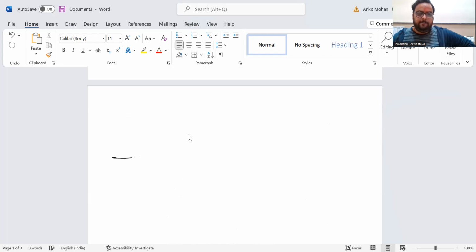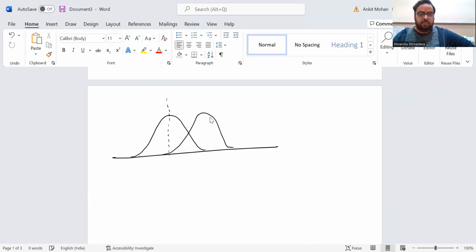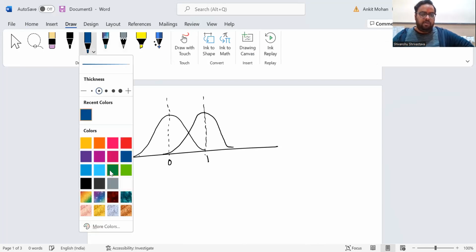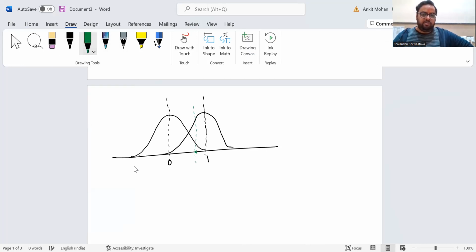You can see that I have these two things here. This is 0. This is 1. Let us say that I have a threshold. I fix my threshold value here. This is my threshold now.